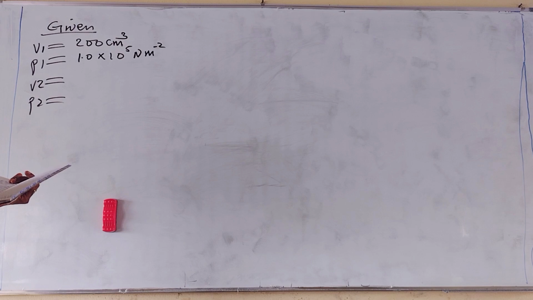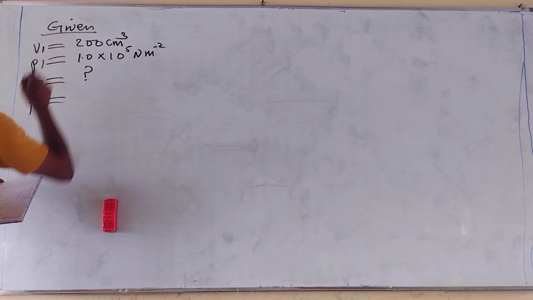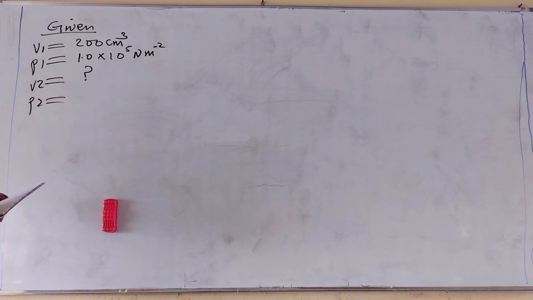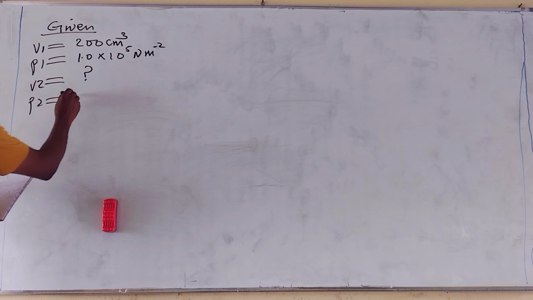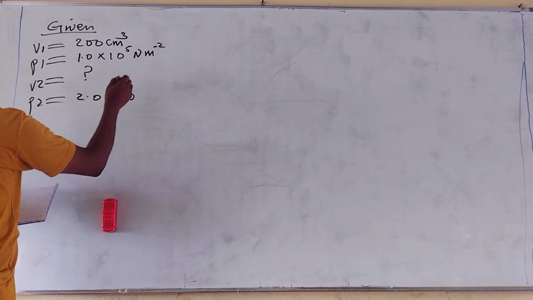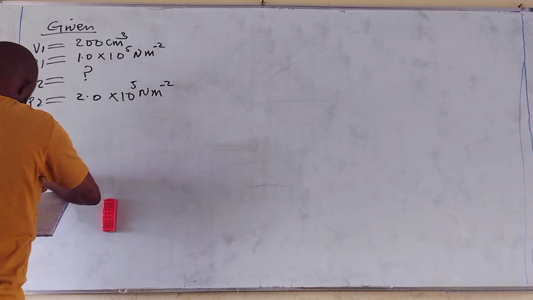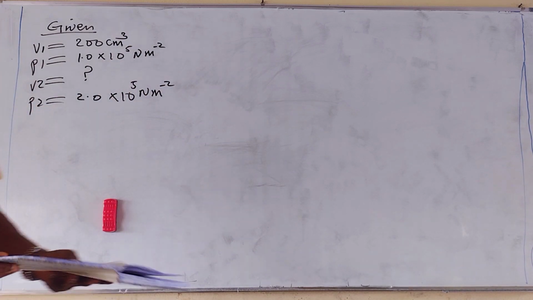We should calculate its volume, V2, so we don't know what that is. That's what I say we should calculate, when the pressure increases to 2.0 times 10 raised to the power 5 Newton per meter squared. Okay, that is it.